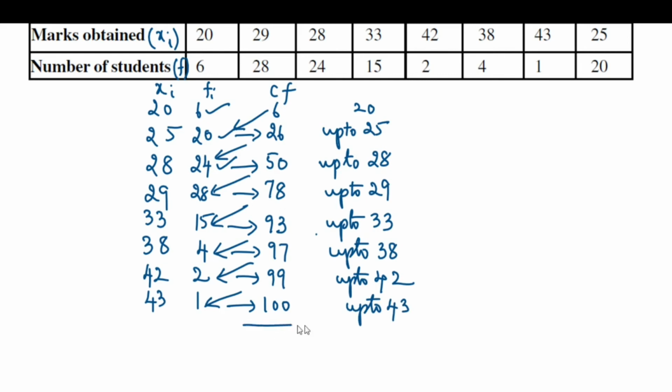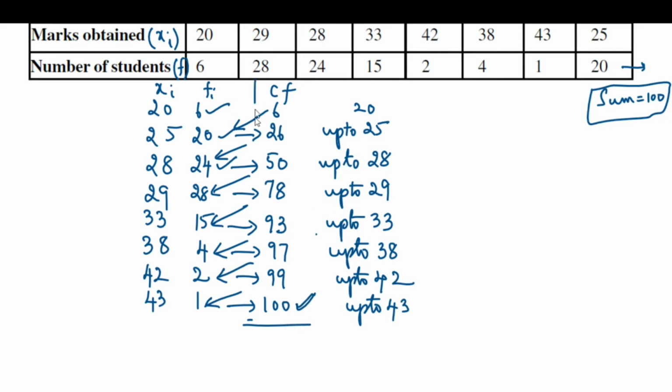The last cumulative frequency is equal to the sum of the frequencies here. Sum of these frequencies is 100. There are 100 students. The sum of the frequencies should be 100. The last cumulative frequency here is 100.